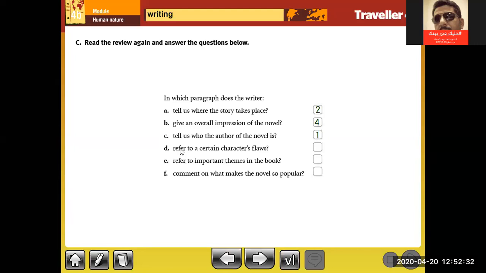D. Refer to a certain character's flaws here in paragraph 3. Refer to important themes in the book. We mean by themes, topics in the book. That's in paragraph 4. F. Comment on what makes the novel so popular. Of course, when he gives his own impression or an overall impression, it was in paragraph 4.